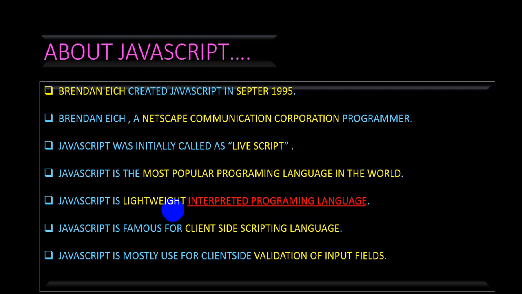So the main characteristic of JavaScript is that it is lightweight. It will run in a fraction of a second, and you will get the output in a fraction of a second. Sometimes you notice that when you run your browser, it gets loaded or takes time to load your page. Why?